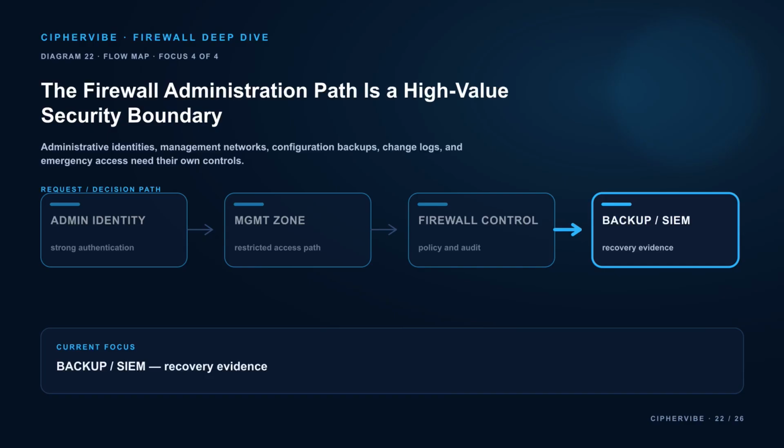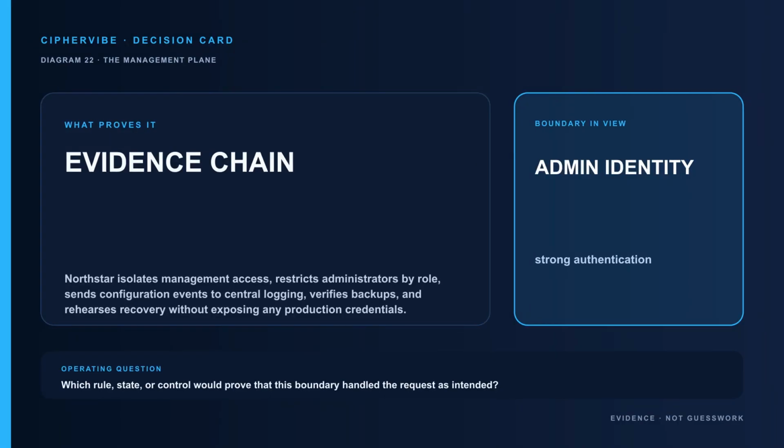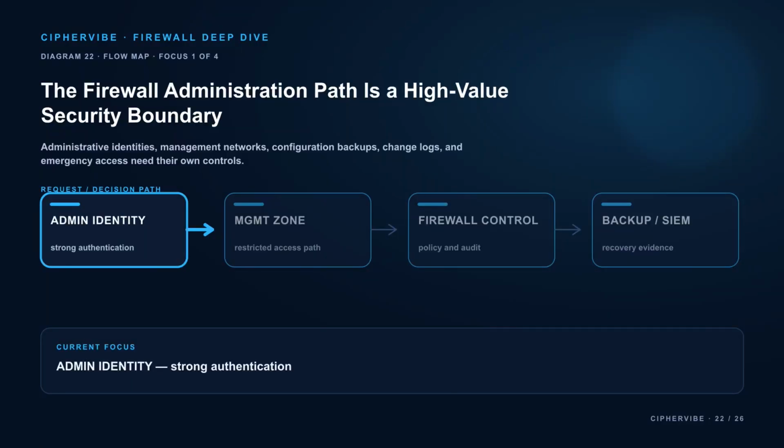Mechanically, separate administration traffic reaches a management interface or service through an allow-listed path, while role-based access and audit mechanisms record approved configuration activity. The common failure is that the same broad user network that is being protected can administer the firewall, so a compromised workstation becomes a path to modify the policy that should have contained it.